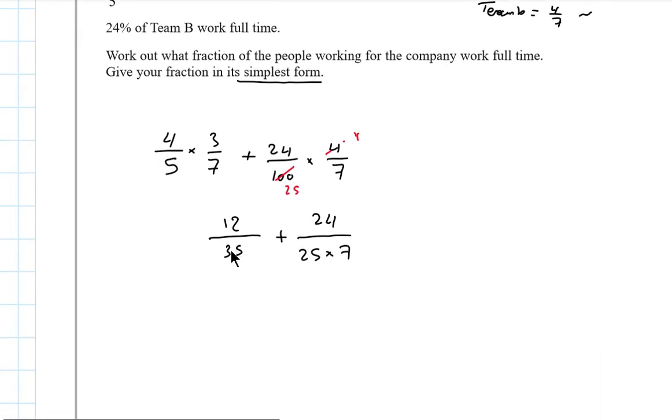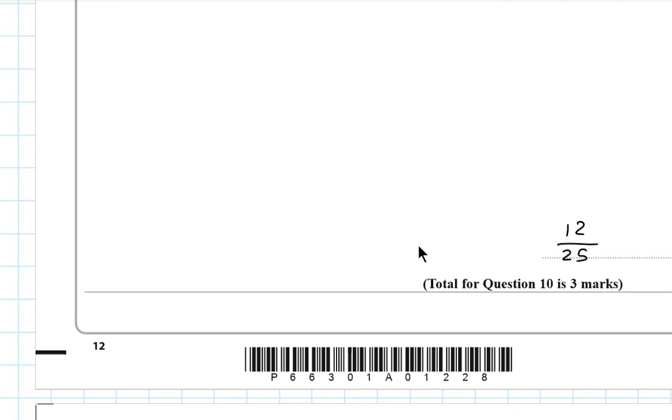This 35 is 7 times 5, so it needs another 5 to be the same denominator. 12 times 5 is 60. 60 plus 24 will be 84, divided by 25 times 7. If we simplify, it will be 12 over 25. This is the simplest form.